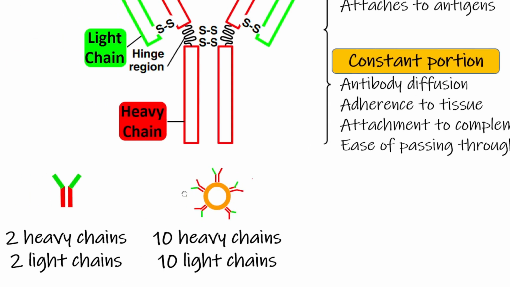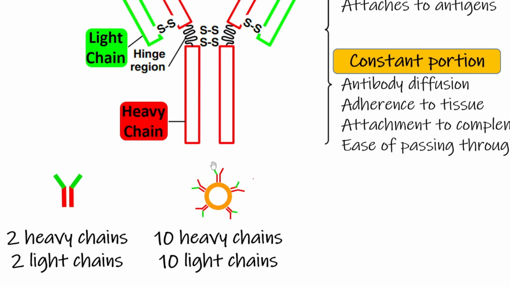If I focus on it, you can see this is one structure, this is the other, then this, then this: 1, 2, 3, 4, 5. Five different combinations, and each combination has 2 heavy chains and 2 light chains. So these 5 make 10 heavy chains and 10 light chains.